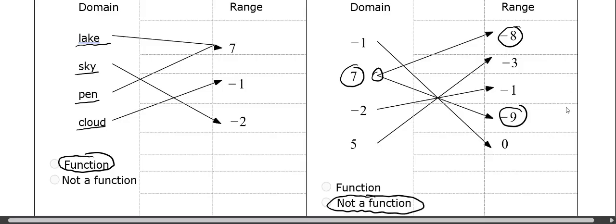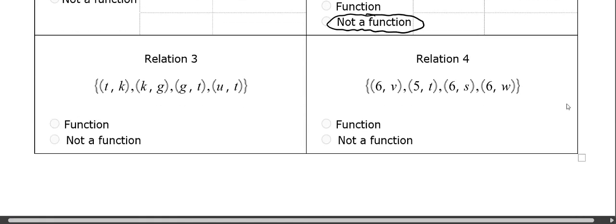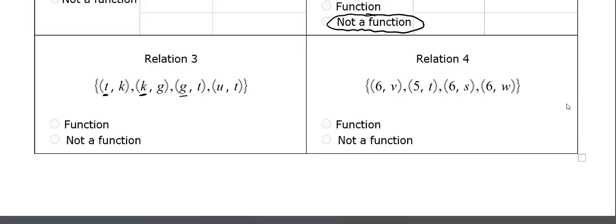Let's look at a couple more. Relation 3. The first thing we're going to do is look at our domains: T, K, G, and U. Notice there's no duplication. So we know that this is a function.